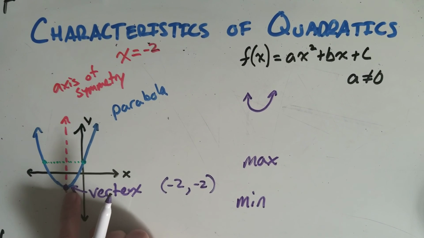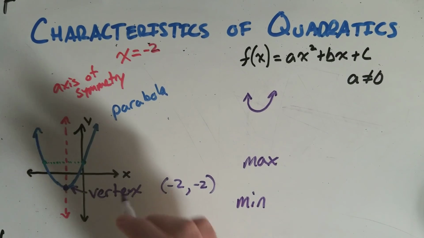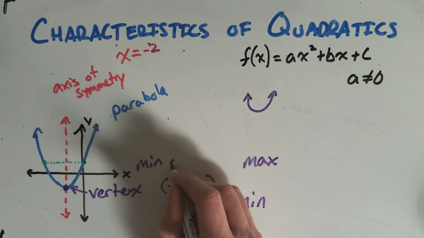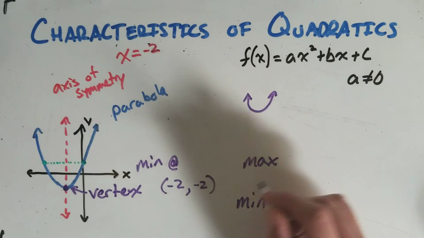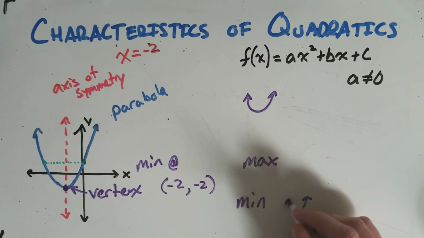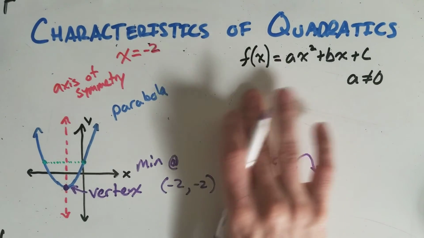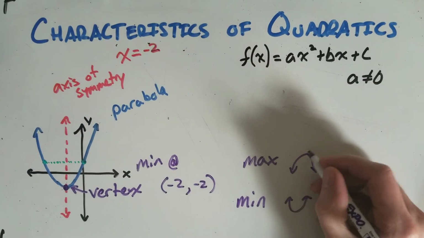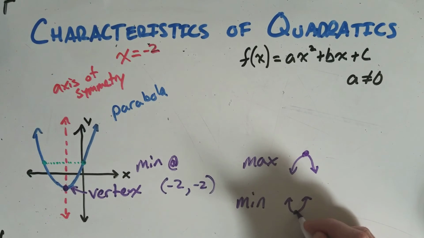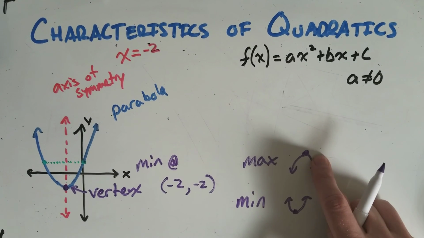It's the absolute lowest that you're going to be. So this vertex would be a min at 2, 2. If your parabola opens downward like this, then you're going to have a max value. It would be the absolute highest you could be. So min is the lowest, max is the highest.